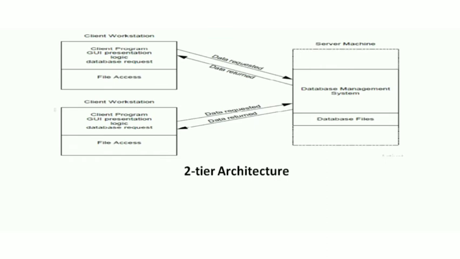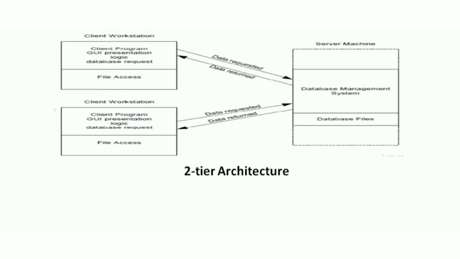So all these things are contained in the client part, and only the database system is performed at the server side. The client sends the request for data to the server machine, and on the server machine, the database management system has a number of database files. To handle the request and give the response to the client, we have to find the proper output for that request.